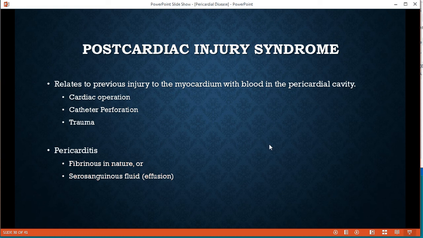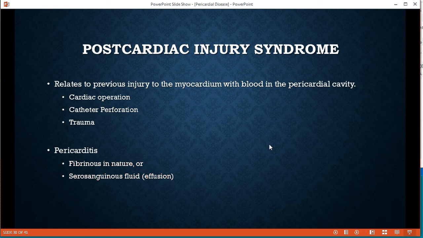Certainly with cardiac operations, and I've talked about this before, where you have some type of invasion of the pericardial sac and/or the myocardium, then you can certainly see bleeding. And despite surgical efforts to minimize any risk of postoperative bleeding, it can occur. I mean, it's just a known risk of cardiac surgery. So a lot of times mediastinal chest tubes will be put in place, but not pericardial chest tubes, mediastinal, so outside the pericardium and in the mediastinum.